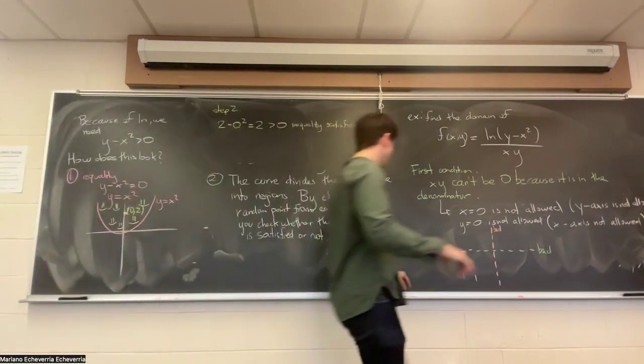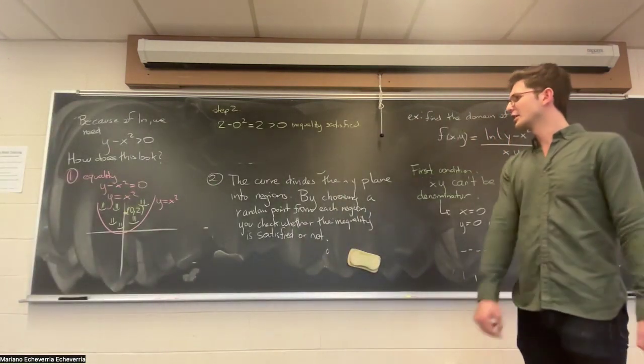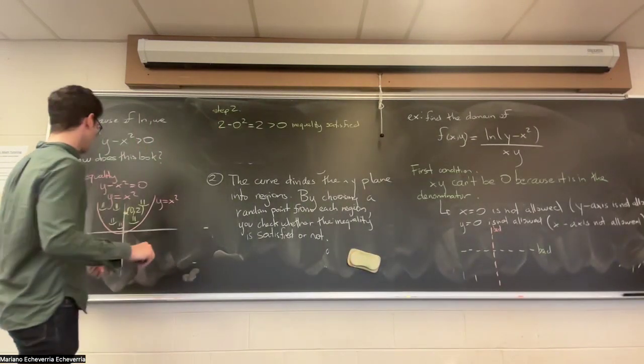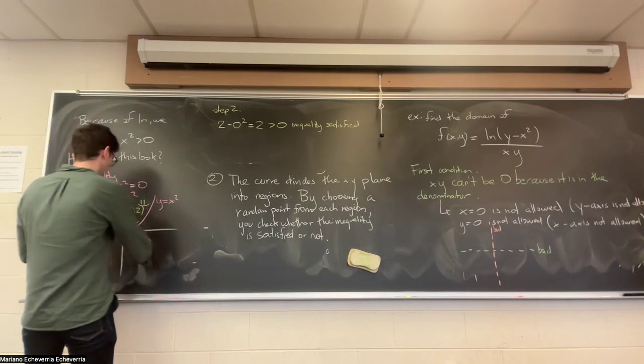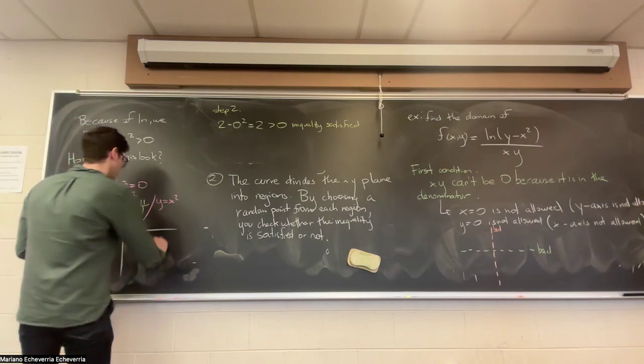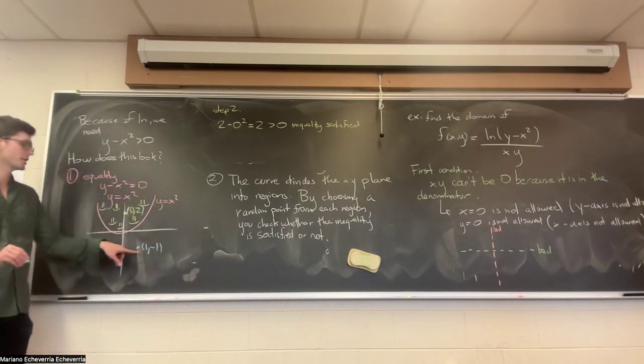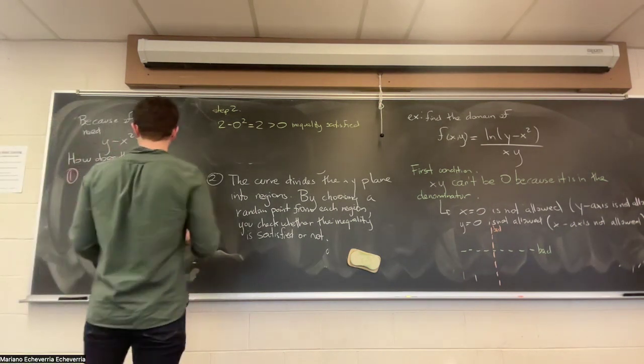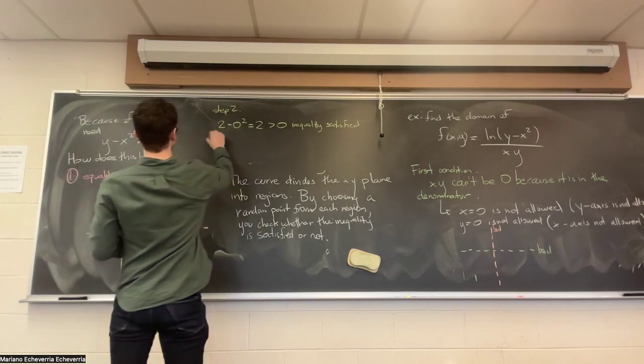And then let's choose something in the other region. So for example, just to give you an idea, you could put (1, -1). What happens if I put 1, -1 here? This is the other region, right?